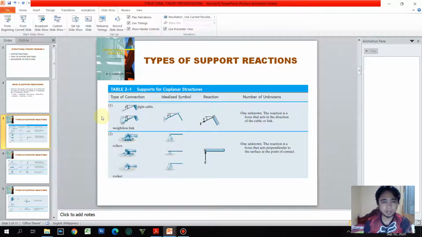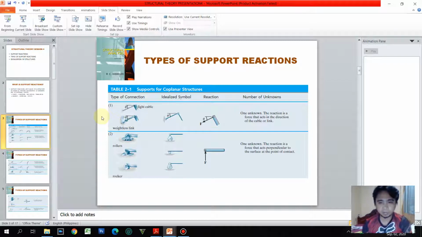Normally, a light cable supports a long span overhang structure like a truss or an I-beam having a long span. So what you do is place a support at the edge in order to prevent further sag of the overhang.